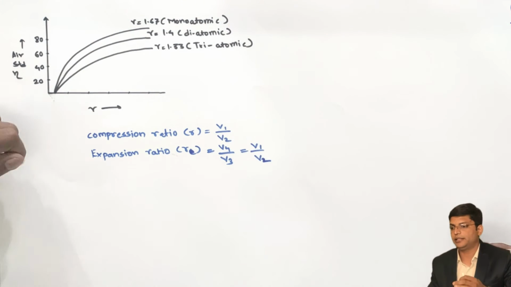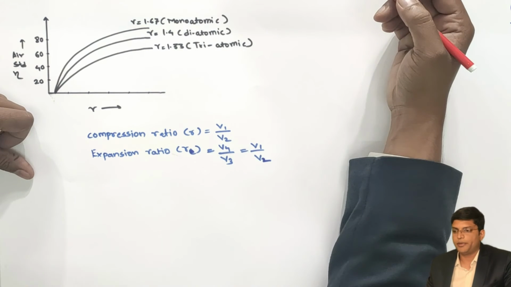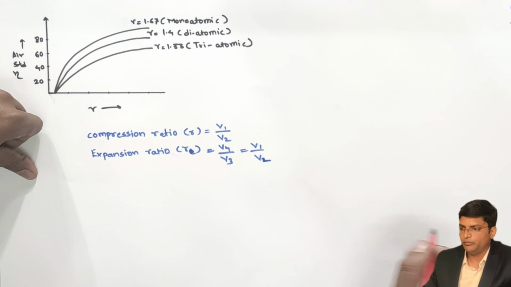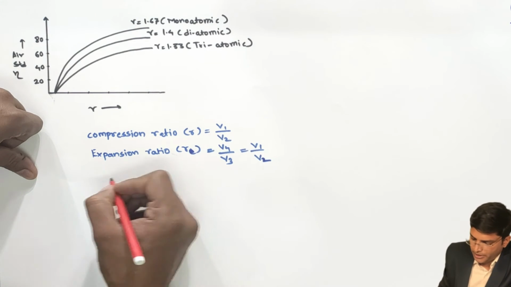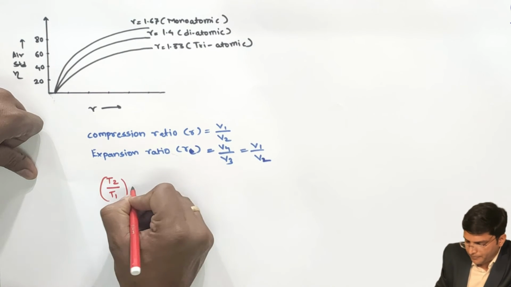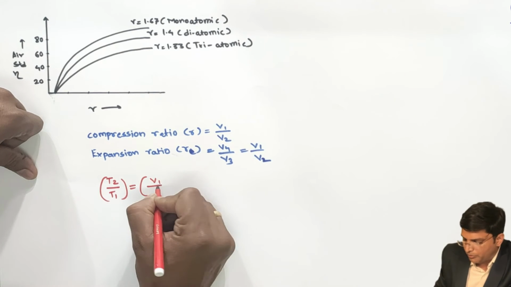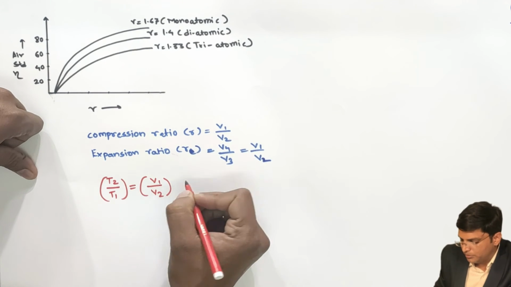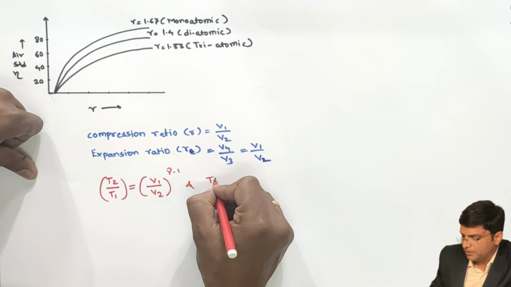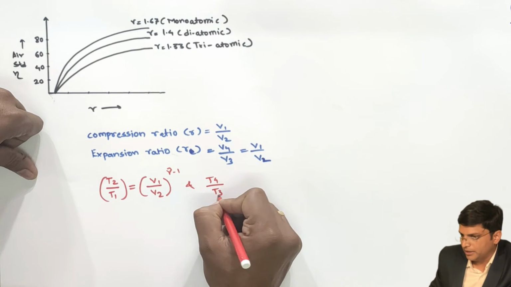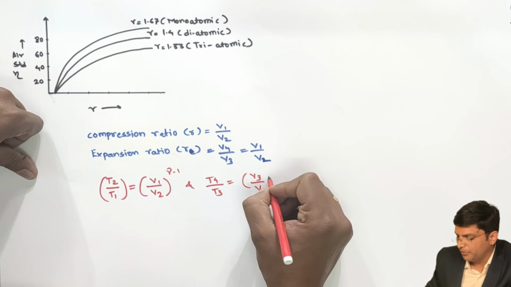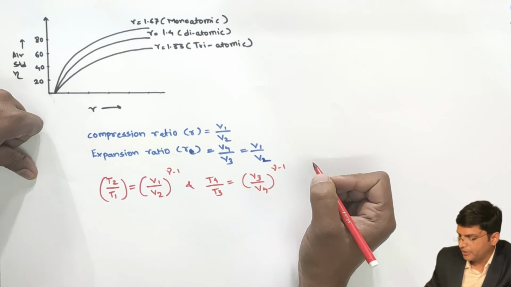Now again we will simplify this equation. As the compression and expansion processes are isentropic with the same volume ratio, we can rewrite this equation as T2 upon T1 is equal to (V1 upon V2) raised to gamma minus 1, and T4 upon T3 is equal to (V3 upon V4) raised to gamma minus 1.